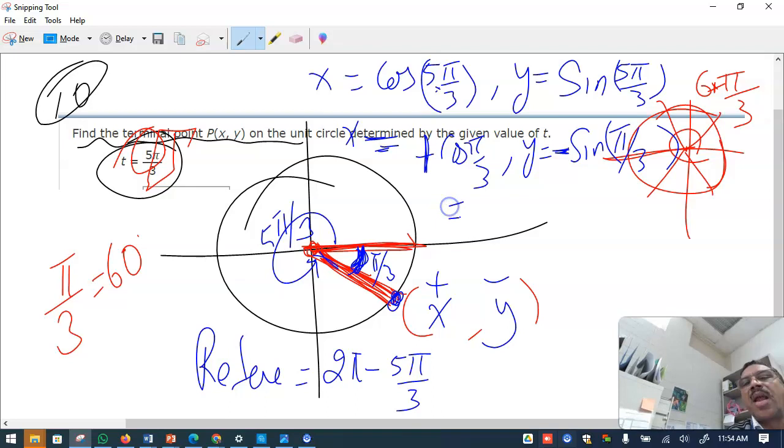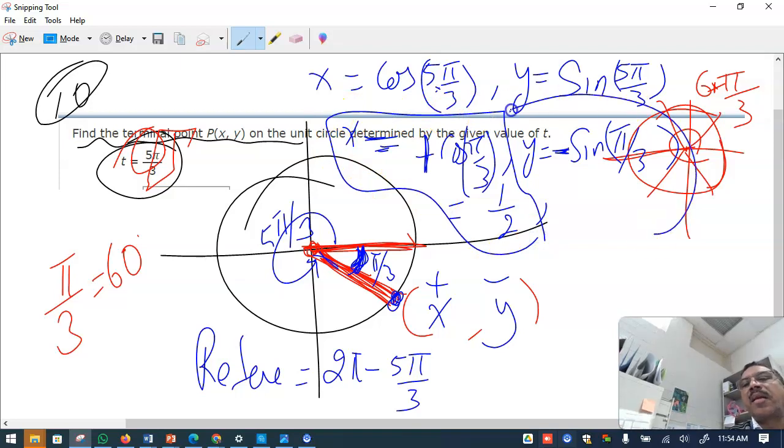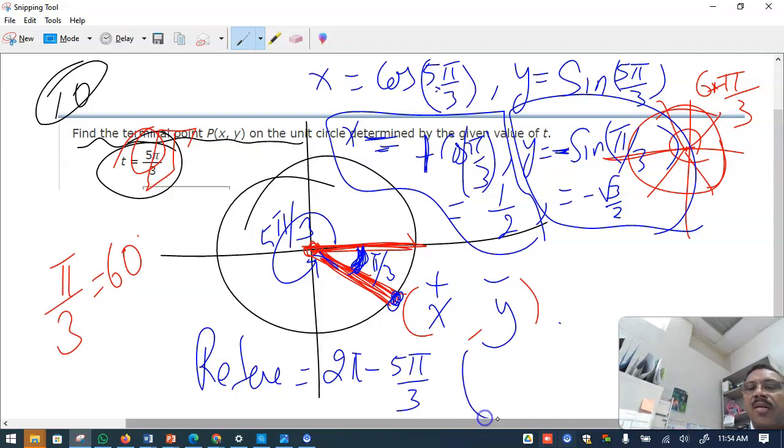So what is cosine of 60? 1/2. That's this part. And the second part is root 3 over 2, because sine 60 is root 3 over 2. So your two answers are plus 1/2 and minus root 3 over 2.